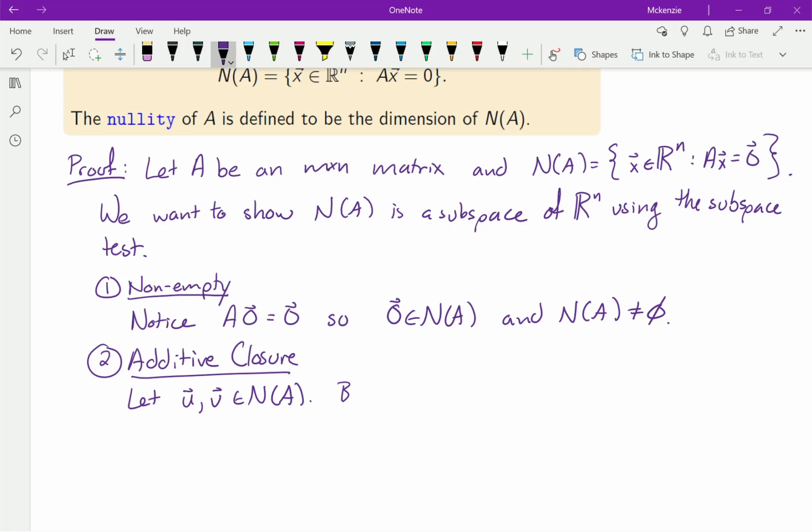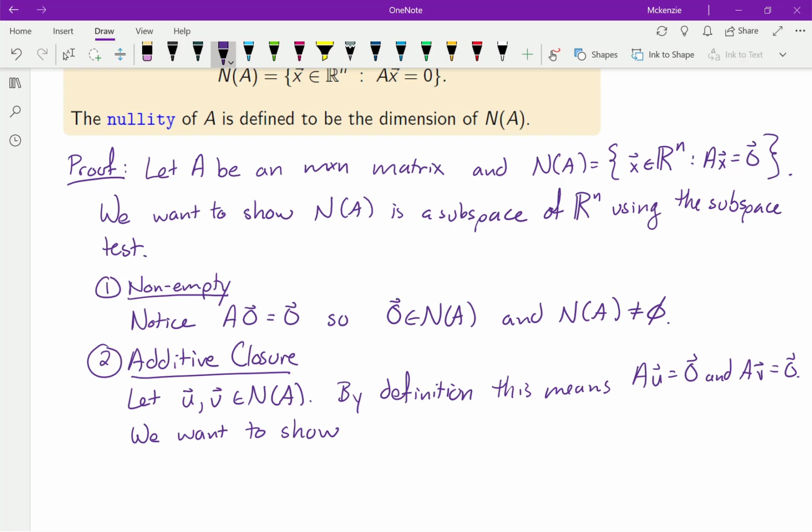By definition, this means that A times u is the 0 vector and A times v is the 0 vector. All right. So again, let's write down that we want to show that u plus v is in N(A).